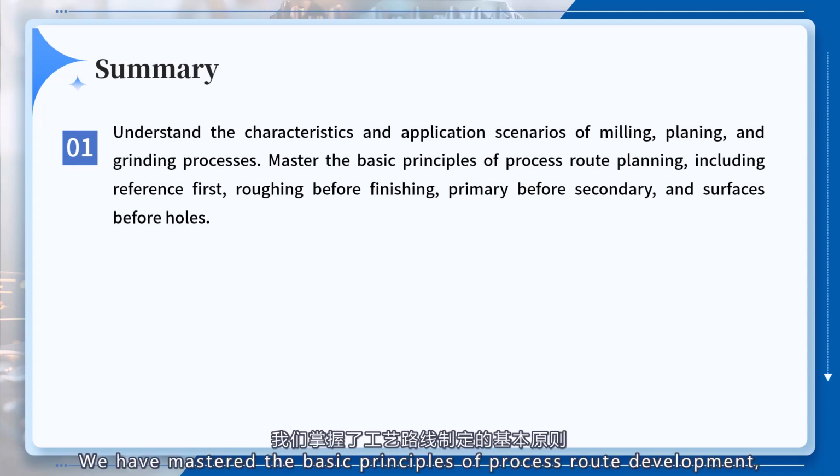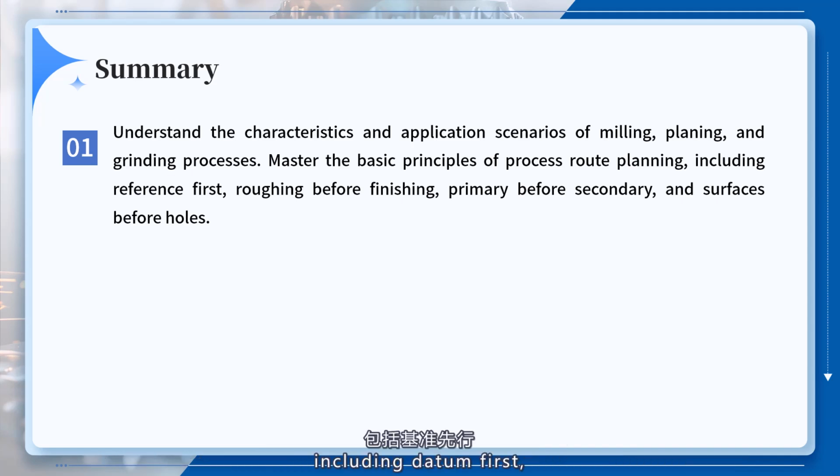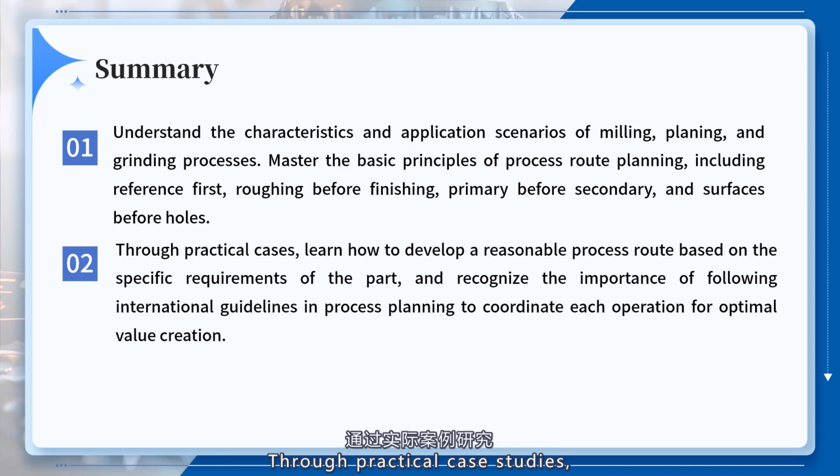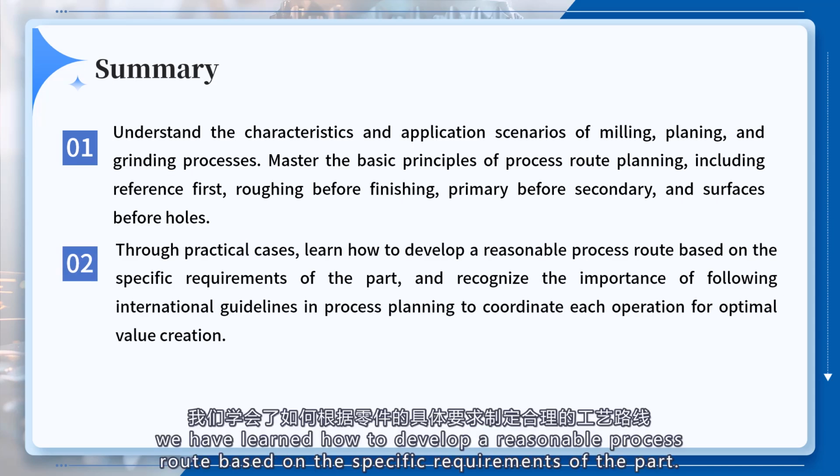We have mastered the basic principles of process route development, including datum first, roughing before finishing, primary before secondary, and surfaces before holes. Through practical case studies, we have learned how to develop a reasonable process route based on the specific requirements of the part.